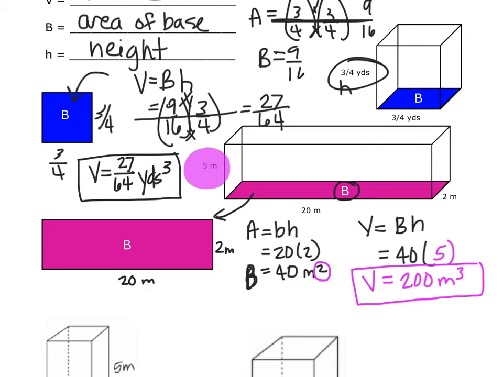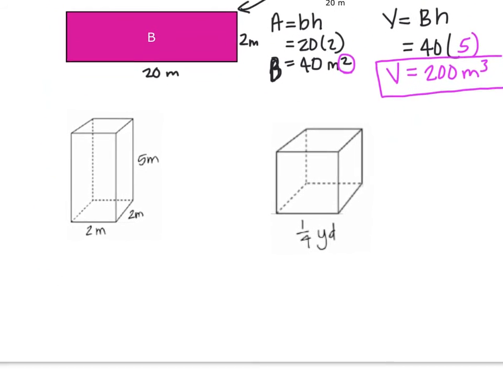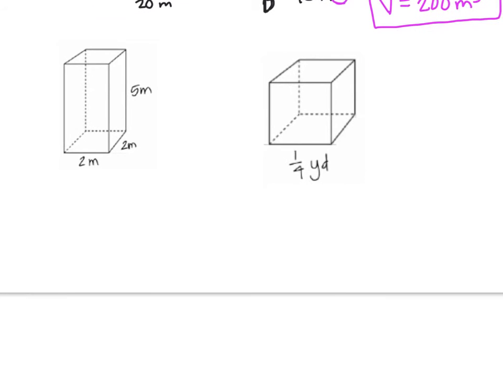All right, so we're going to do some practice problems together, and I'm going to show you a little bit more of a shortcut for this, and it'll look a little bit familiar. All right, so we're going to start with this one, and I always start with my formula. Volume equals area of the base times height.